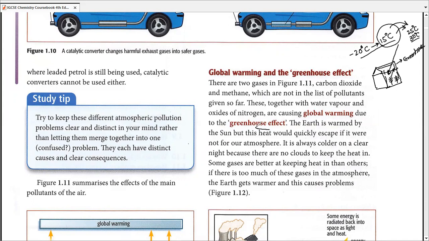We used to call that the greenhouse effect. Okay, but that concerns only one greenhouse. We are going to talk about global warming. Global warming is actually the increase in average temperature of Earth. And we use the same greenhouse effect for the entire planet.